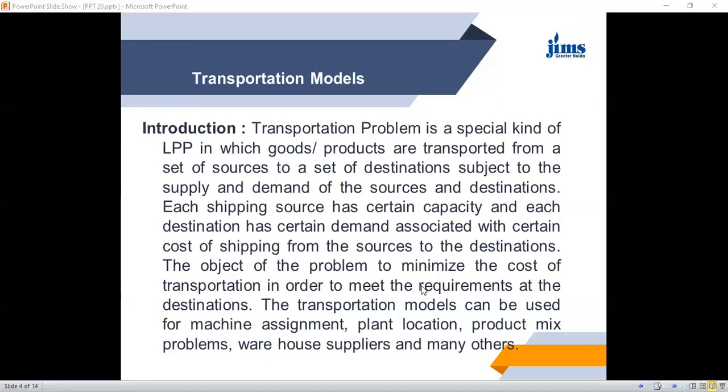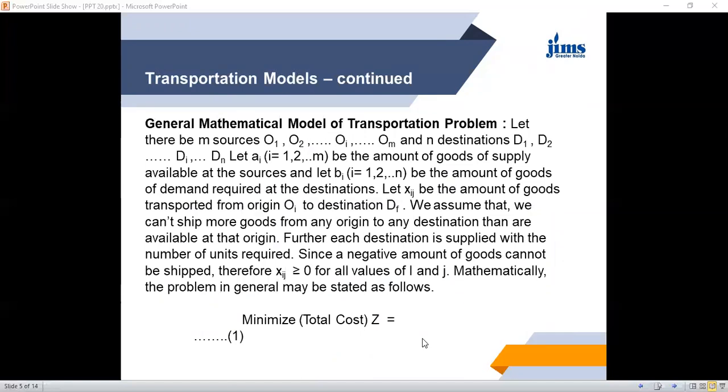So the object of the problem is to minimize the cost of transportation in order to meet the requirements both at the destination and also at the source. This transportation model is generally used for machine assignment, plant location, product mix problems, warehouse suppliers, and many other kinds of real life problems. So let us try to give a general mathematical model of the transportation model.